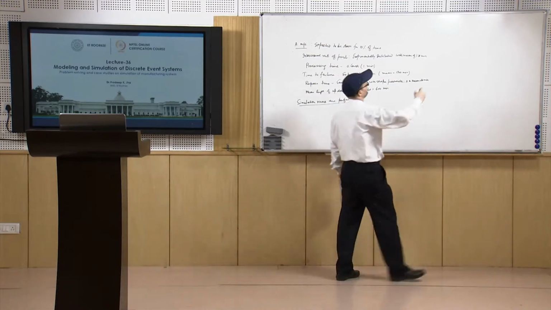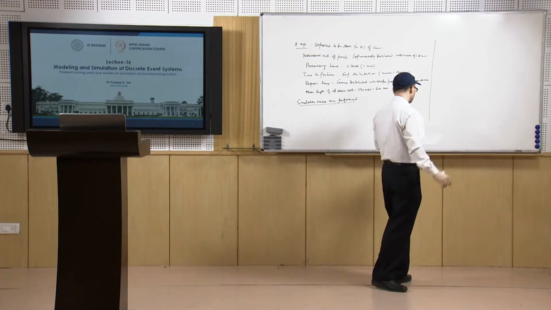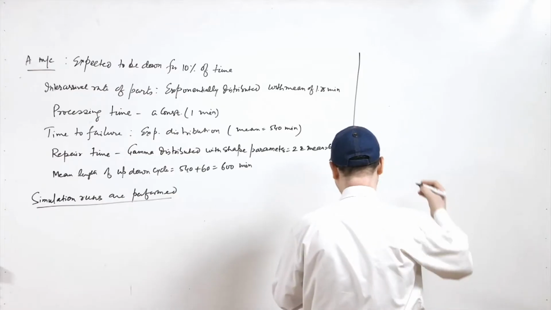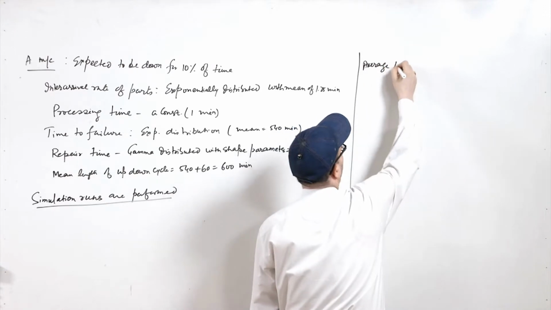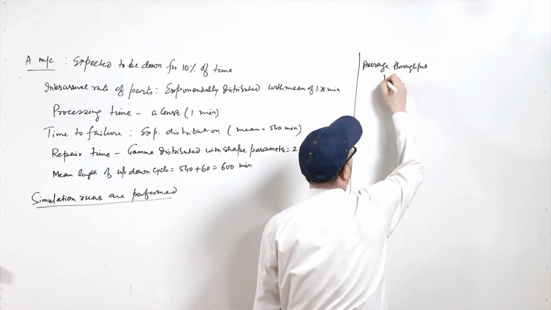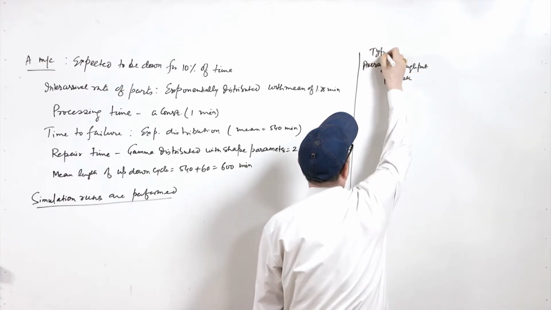Now, what are these typical output performance measures? The typical output performance measures in which we are interested are basically average throughput per week. So, these are the typical output performance measures.